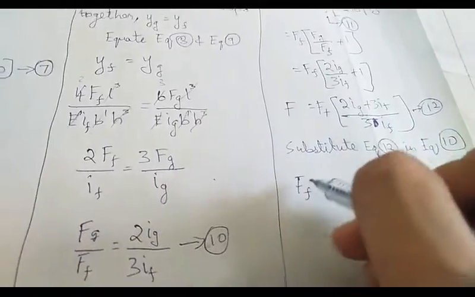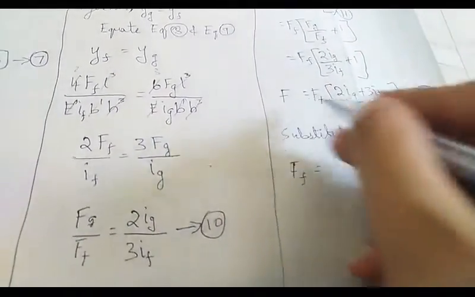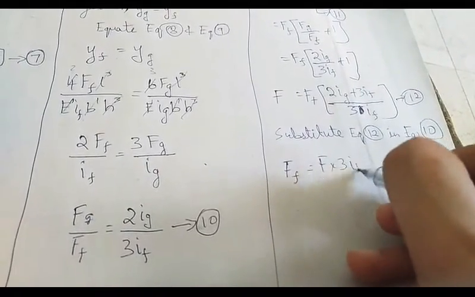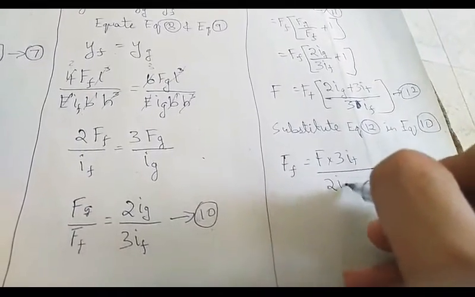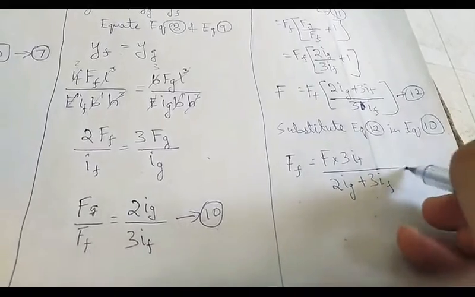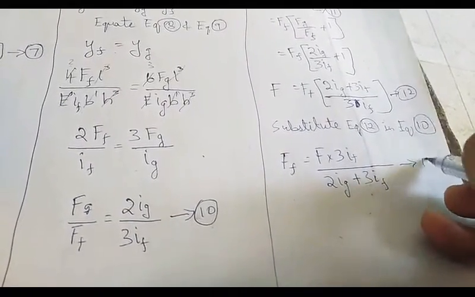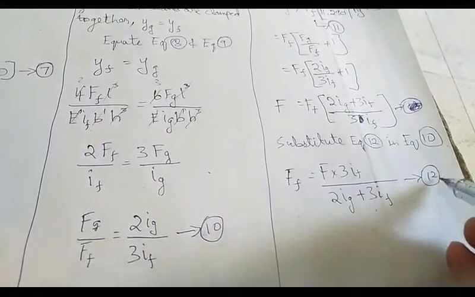So FF is equal to F into 3If divided by 2Ig plus 3If. We'll call this equation 12.